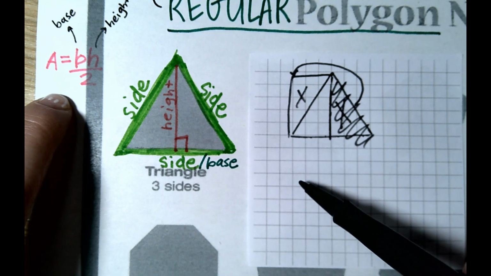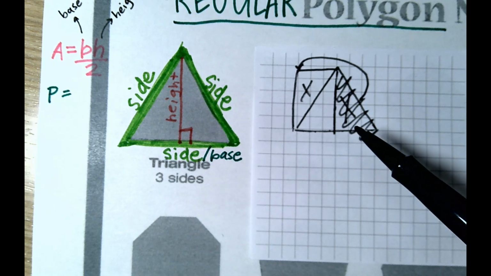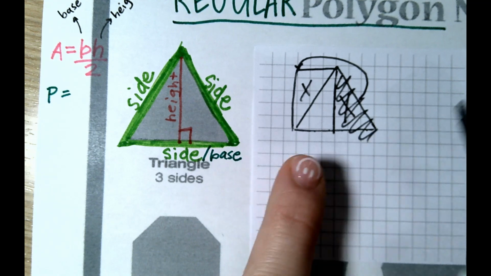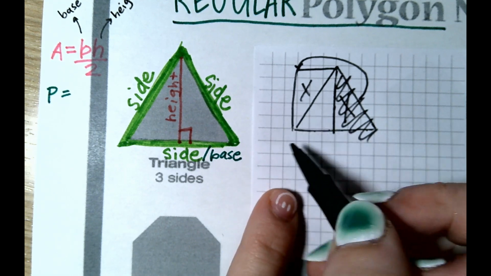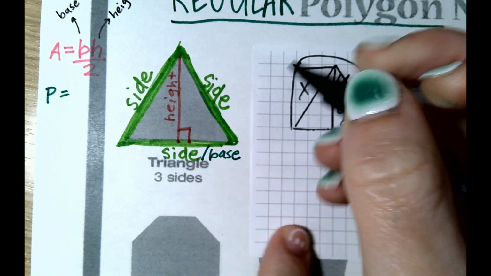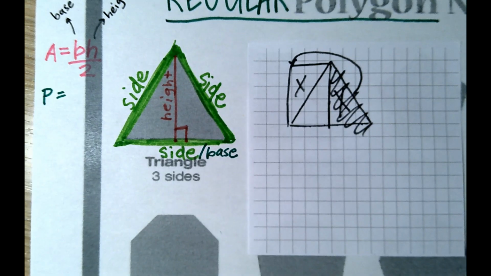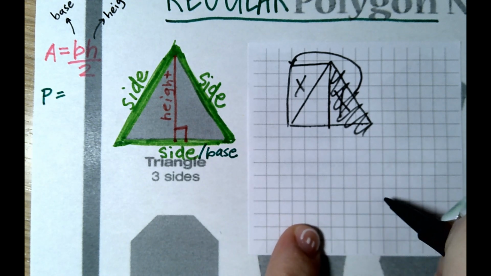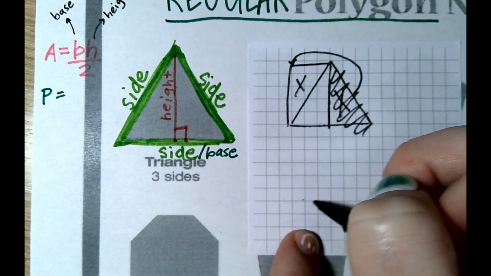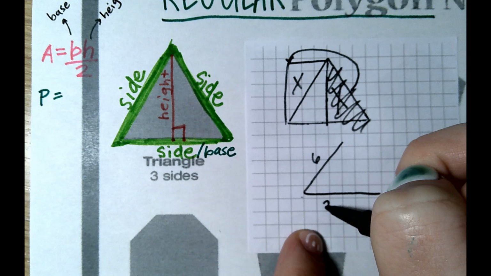Now, I believe you might still get the same answer, but let's double check. So let's say the side was 6, and that would make the height. Gosh, I want to make sure I'm doing it right, though. I need a regular polygon. Okay, so that would mean this is 6, this is 3.